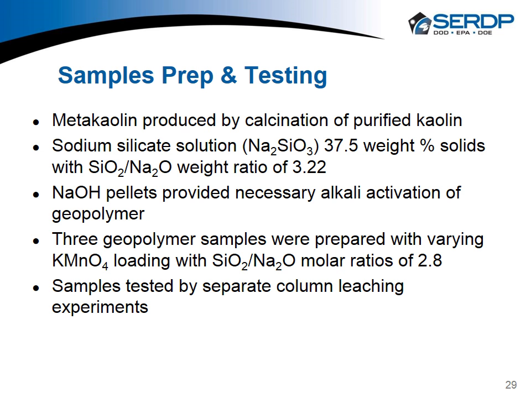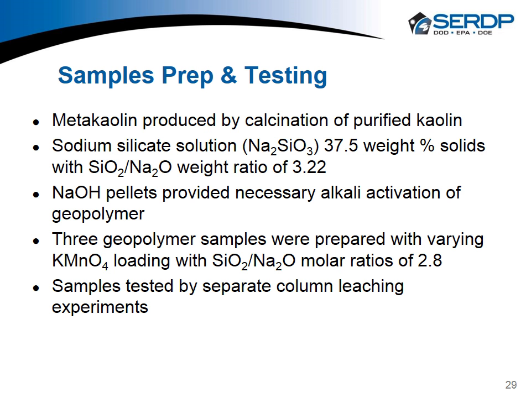Here I would like to give a little bit of detail about how a geopolymer is produced. The main ingredients are metakaolin, which is produced by calcination of purified kaolin, and also sodium silicate solution, which is about 38% solids with a silicate to alkali weight ratio of 3.22.